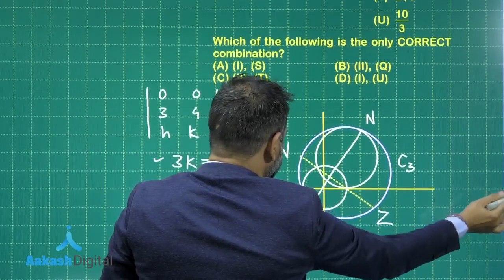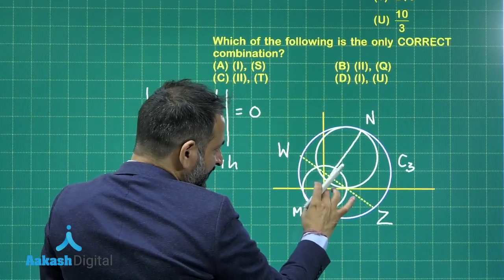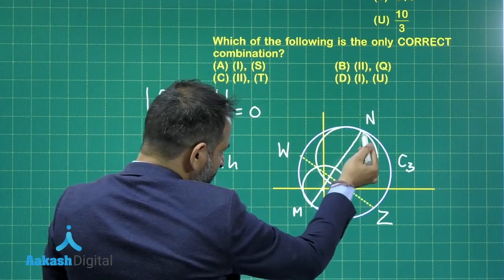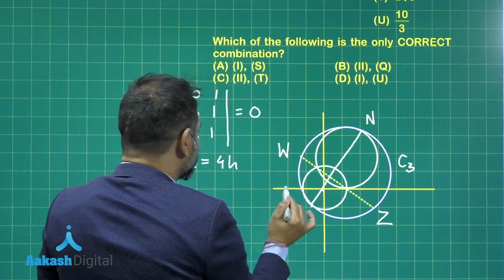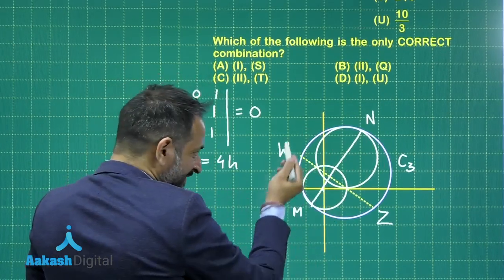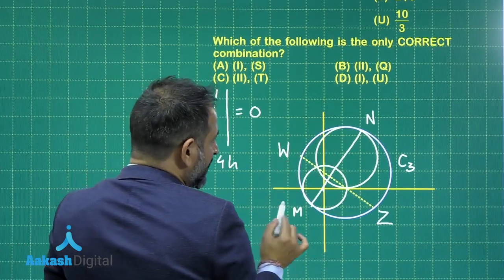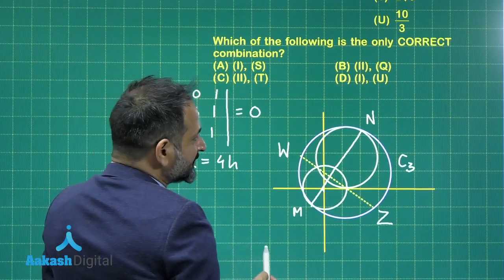So let us check it out from here. It is given that this is 3 and the radius of this is 4, and we know this is the diameter. So definitely now we have to calculate the radius of C3. Here you can notice a very important condition, that this is going to become a diameter of the bigger circle.